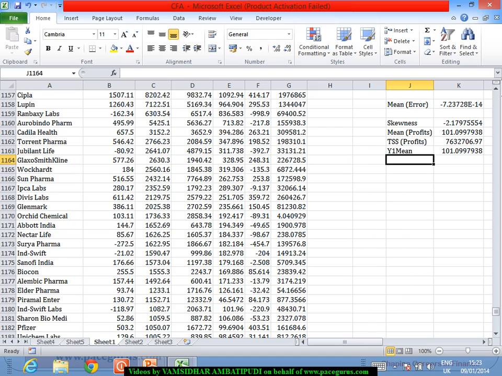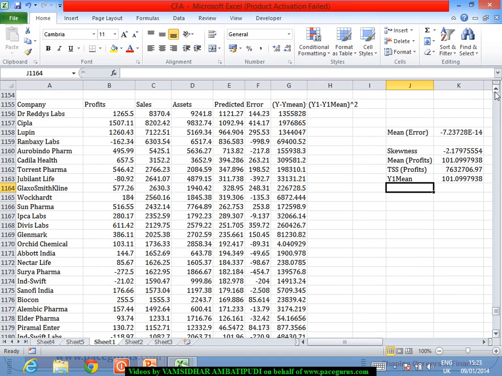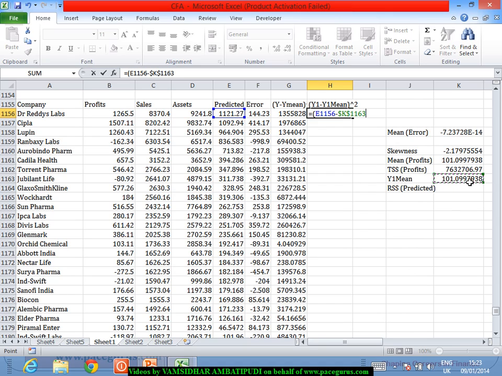So what I am looking at now is the regression sum of squares, which comes from the predicted values. I take the predicted value minus the mean, and take the square of it.